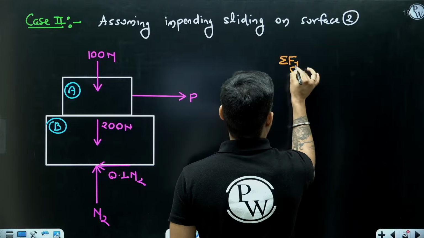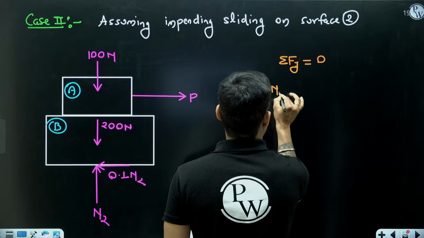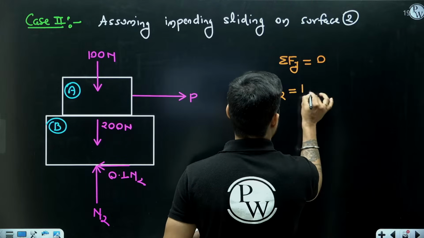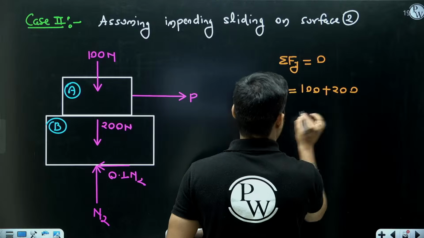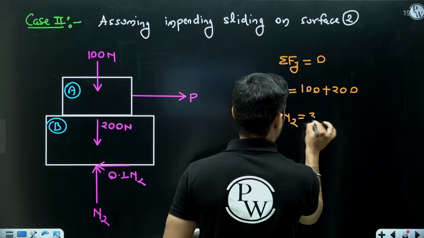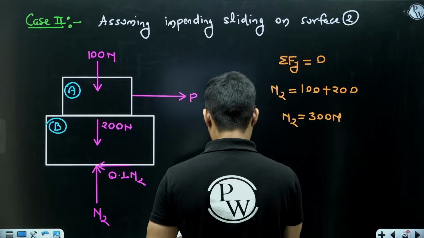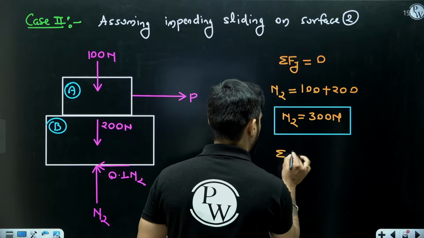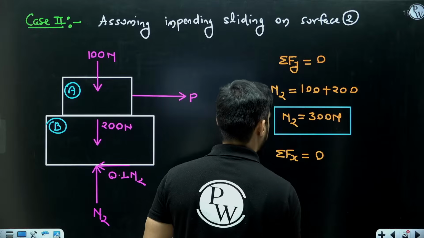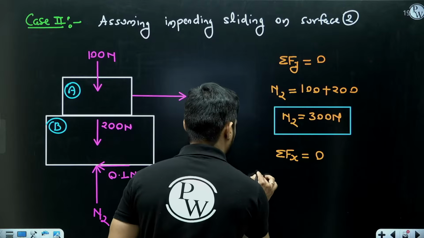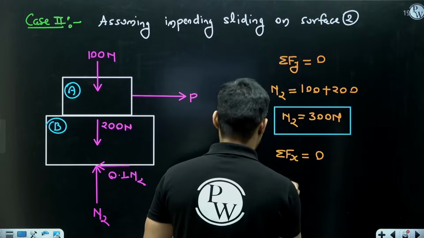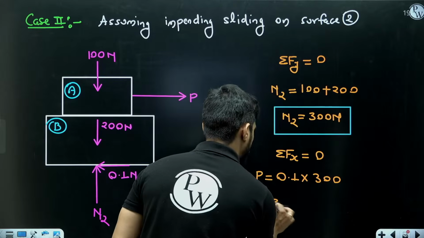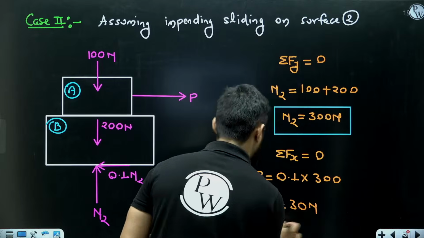From summation of Fy equal to 0, I will get N2 equal to 100 plus 200, means N2 equal to 300 Newton. Then summation of Fx equal to 0 gives P equal to 0.1 into N2, means P equal to 30 Newton.